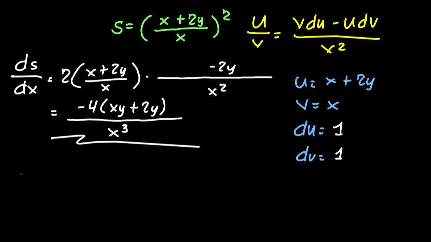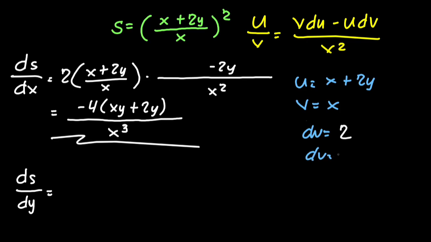So let us now move on with derivative of s with respect to y. So this would change. The derivative of u with respect to y. Put x as a constant, so you are left with here the derivative of 2y, which would be simply 2. Derivative of v, x here is a constant now, so derivative of any constant is 0.